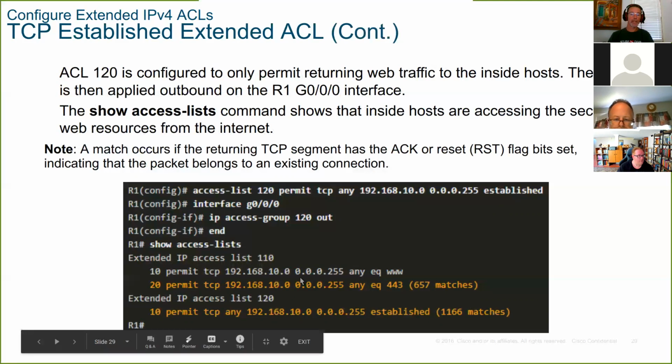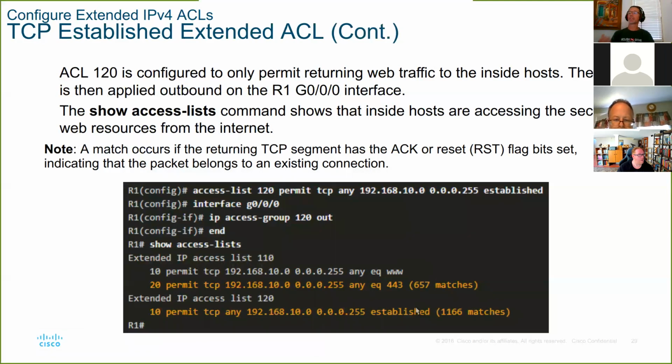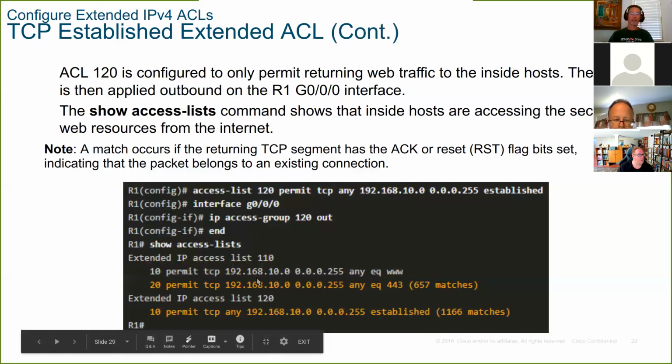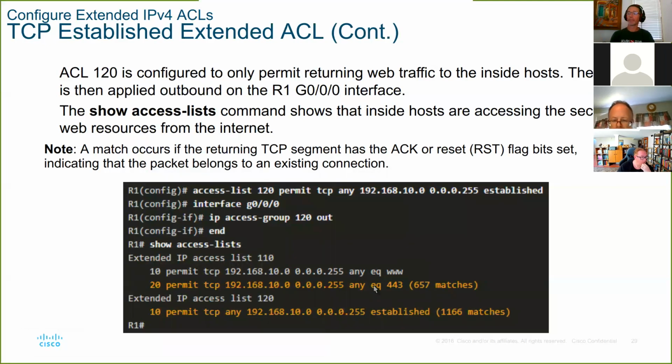So here we permit the 10 network to go to any address for web services, and then allow any traffic coming back to the 10 network as long as it originated from inside. It's just a simpler way than trying to put this into reverse and have the source port be www and the source port be 443.